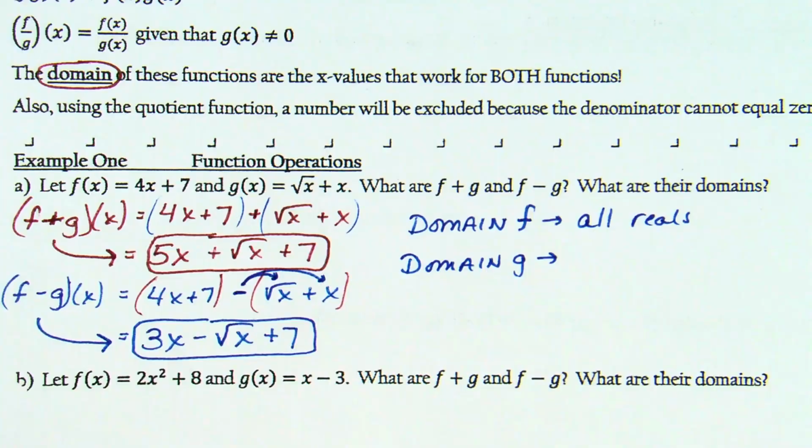Now, g. g is the square root of x plus x. What type of number can I not put into g? Negatives. Why can I not put a negative into g? Can I take the square root of a negative? No. Not in the real number system, right?